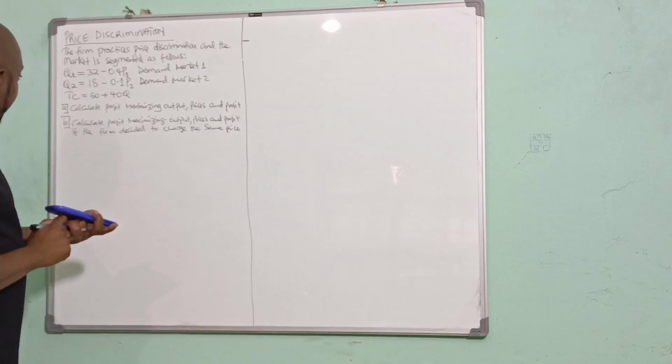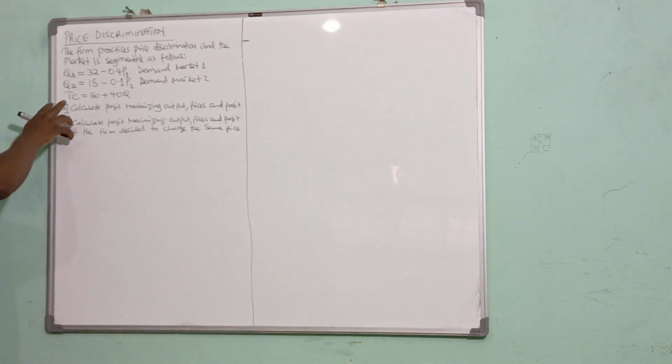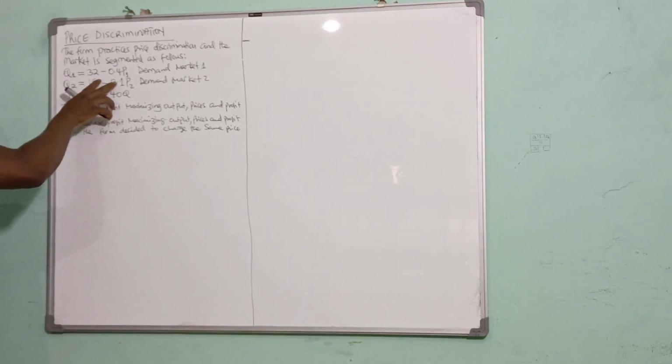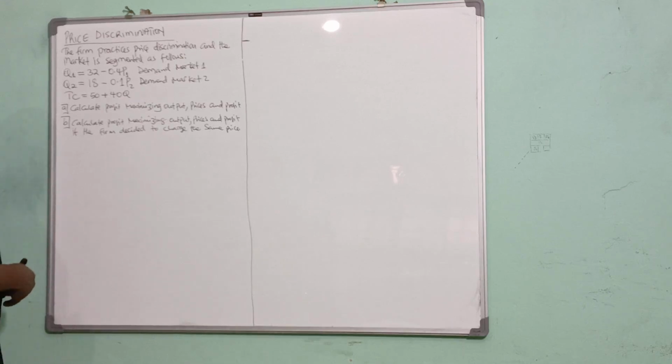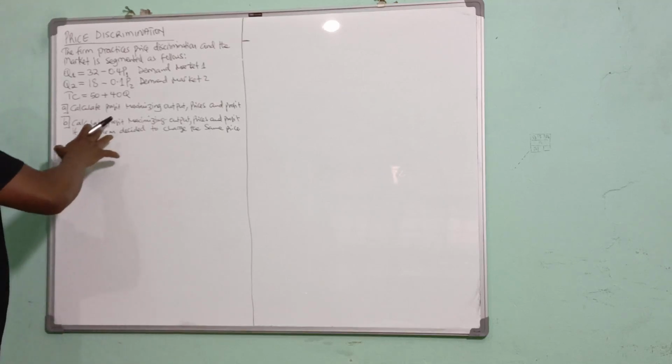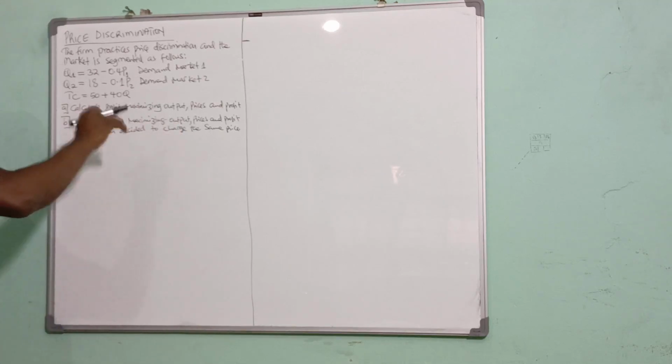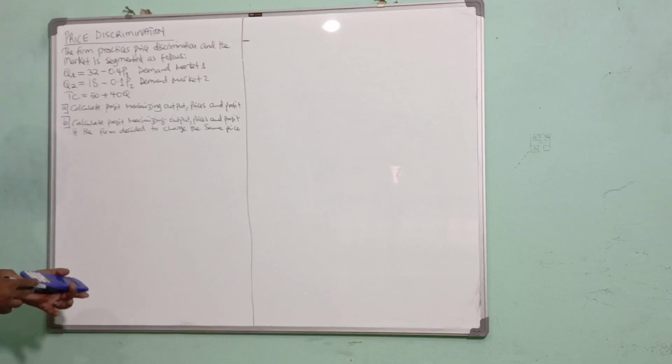So now here the examiner says the demand curve for market 2 is Q2 equal to 18 minus 0.1 P2. Then the total cost function for the firm is 50 plus 40Q. Calculate the profit maximizing output, prices, and profit. All right.